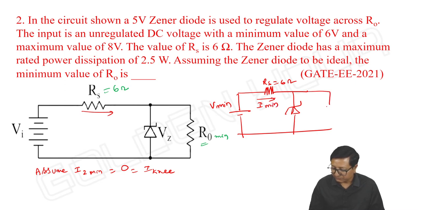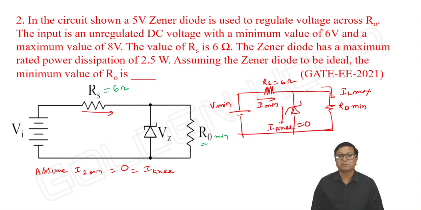And it is RO minimum, means IL maximum. And what about IZ minimum? It is 0. Is it not so? And what about VZ? It is 5 volts. And input minimum is 6 volts. Everything is done.